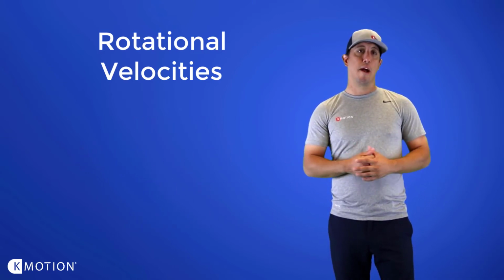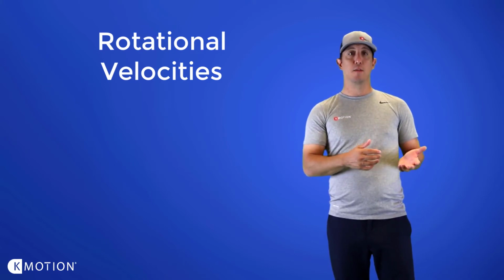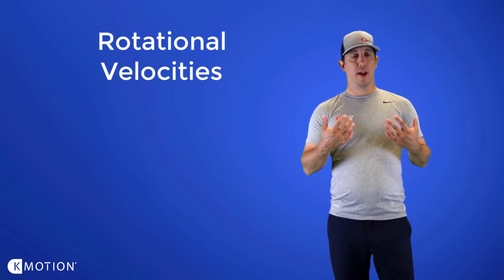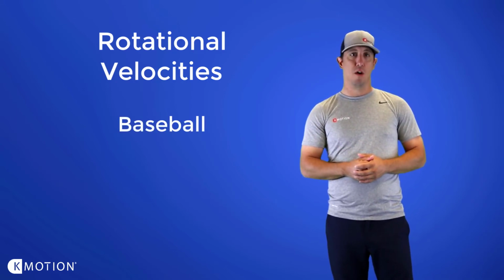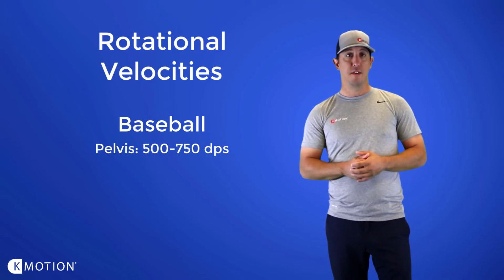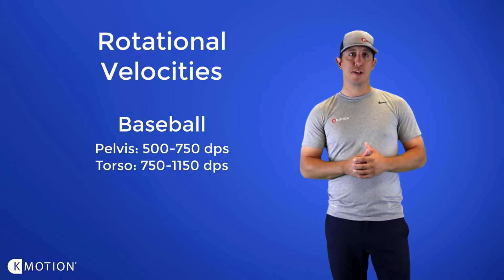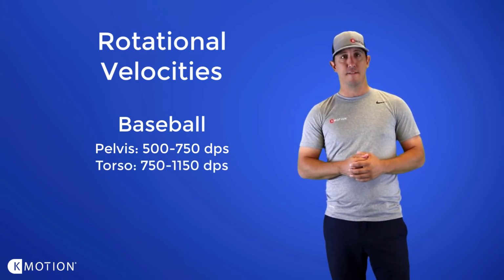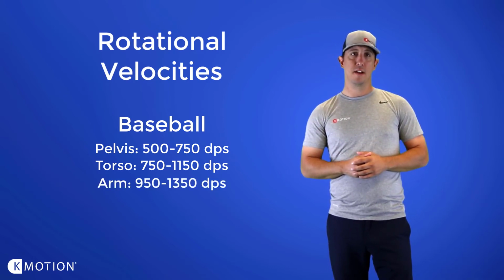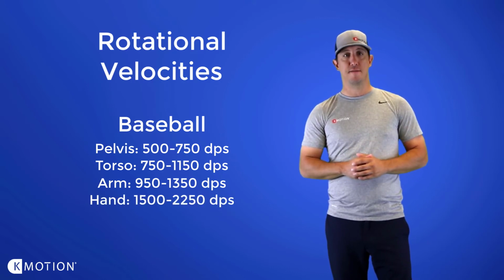Just as some quick reference points, we have the ranges for MLB, or pro range I should say, and PGA range. In the pro range for baseball, the pelvis rotates approximately 500 to 750 degrees per second. The torso generally rotates between 750 and 1150, the arm between 950 and 1350, and then finally the hand between 1500 and 2250.